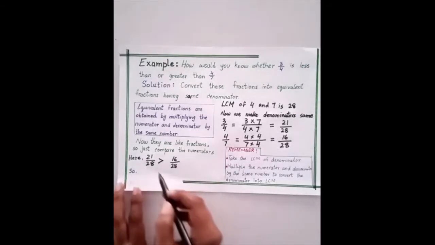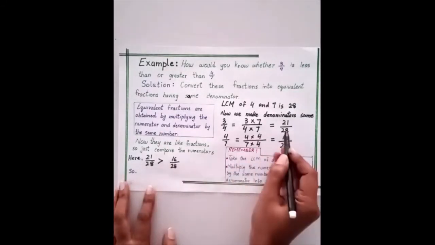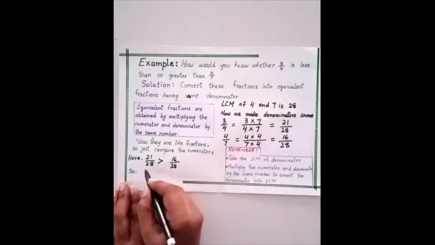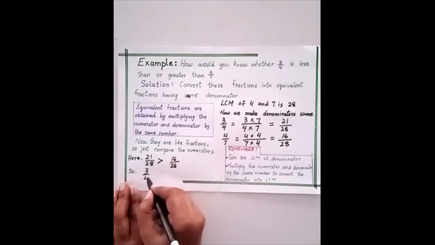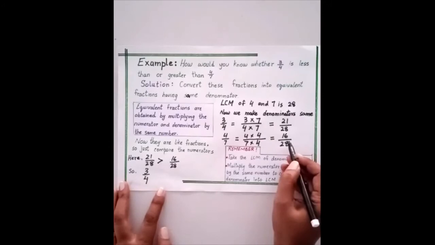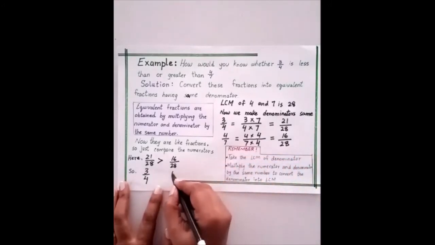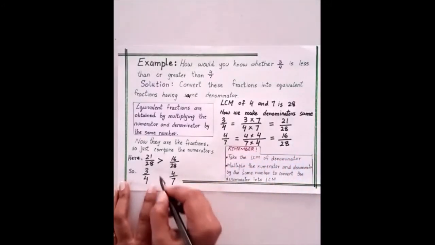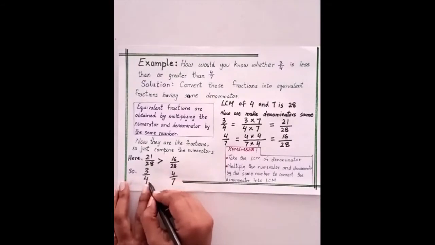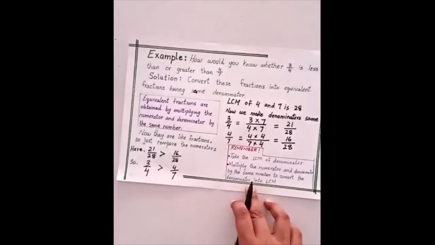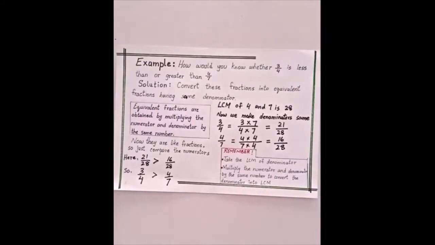That means 21 upon 28, which is 3 upon 4, will come here, and 16 upon 28, which is 4 upon 7, here. That means 3 upon 4 is greater than 4 upon 7. Understood, students? This is how you will see which fraction is greater.